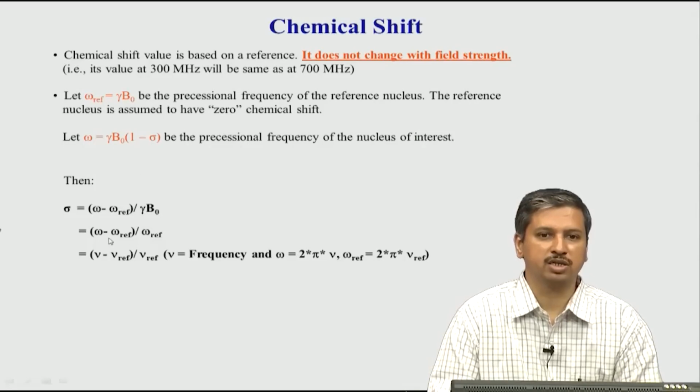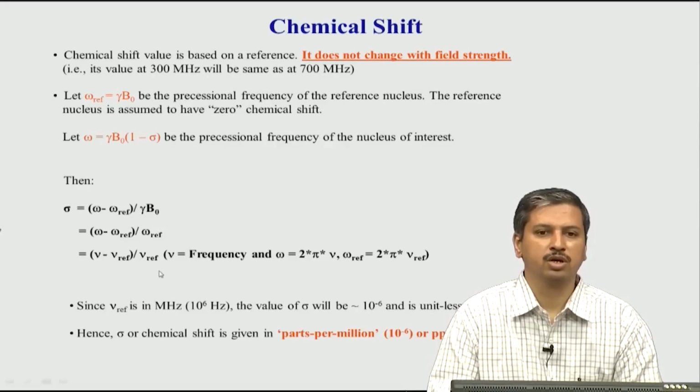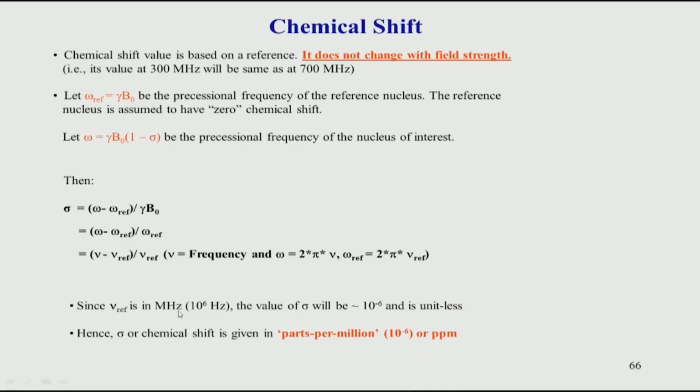Then if you look at this omega, remember omega is given by 2 pi nu. Omega is in radians per second and nu is in hertz. When you convert hertz into radians per second, the multiplication factor is 2 pi. So when we convert to frequency units, we get it like this. Now you see the reference frequency we are using is in megahertz. Why?